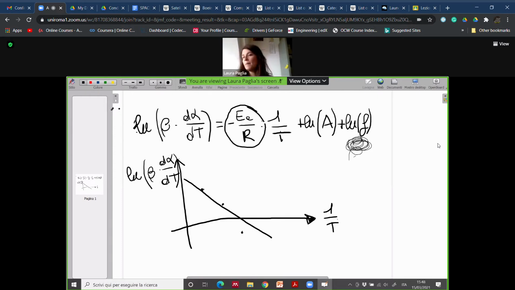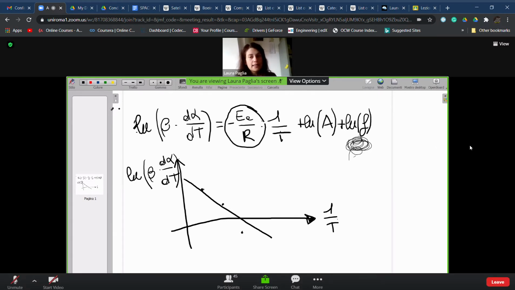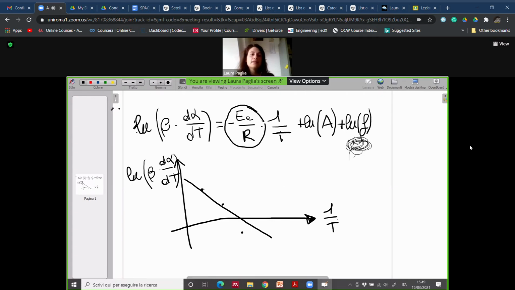In this case, my example is only with 3 points, but obviously the more points we obtain, the more different heating rates we choose, and the better will be the quality of our estimation of the activation energy. Obviously, in this case, this method is very simple and we can have an analytical approach, okay?